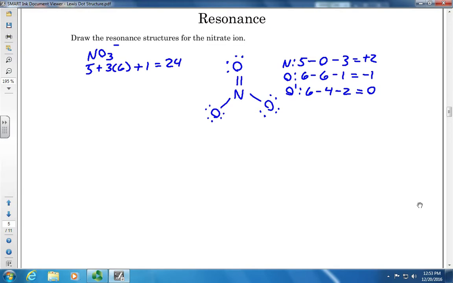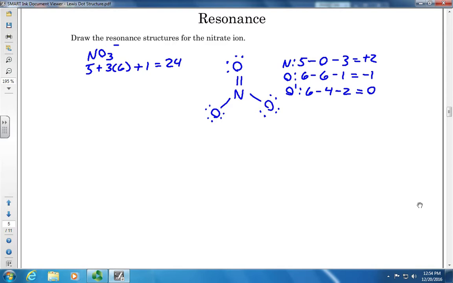Now, to draw resonance, what we need to ask ourselves is, why did I choose this oxygen up top to have the double bond? Just as valid would be this one or this one. But it's important to recognize that at any given moment in time, it's not any one single oxygen that has that double bond.